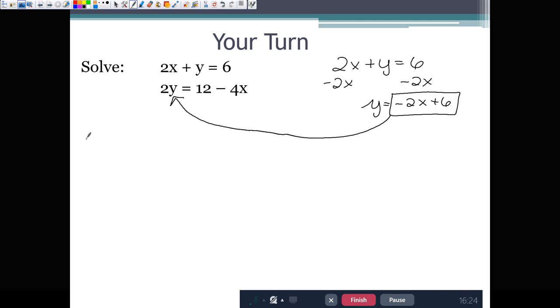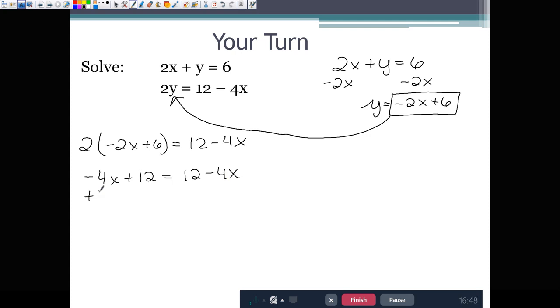So that means it's going to be 2 parentheses negative 2x plus 6 equals 12 minus 4x. So what do I need to do first? Distribute. So I'm going to get negative 4x plus 12 equals 12 minus 4x. So I need to isolate my variable by moving it to one side.